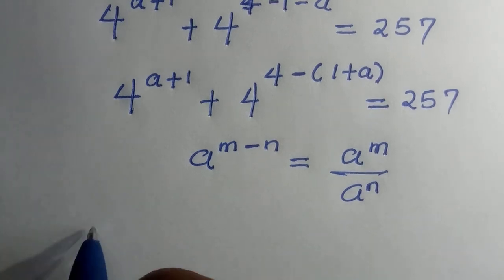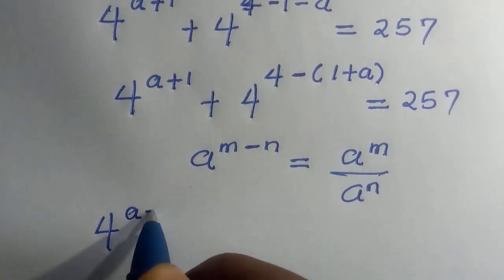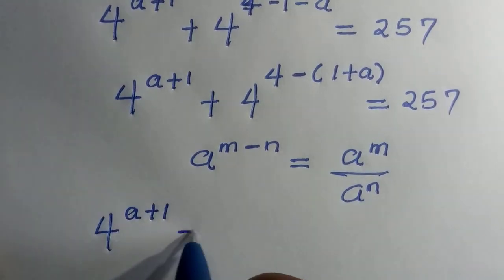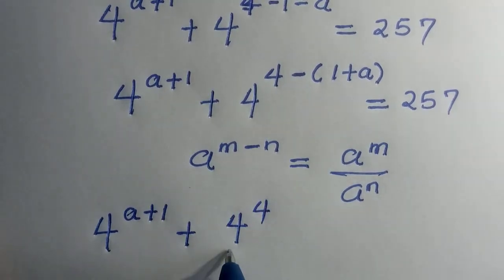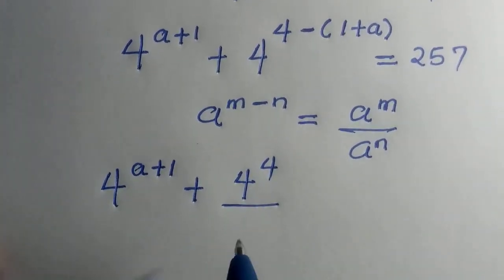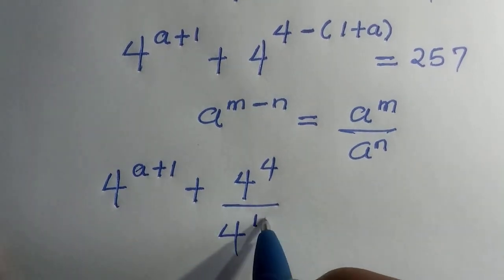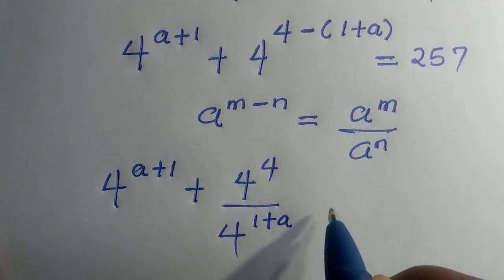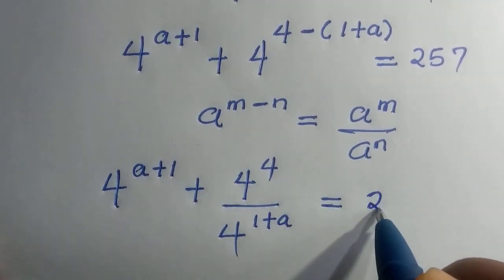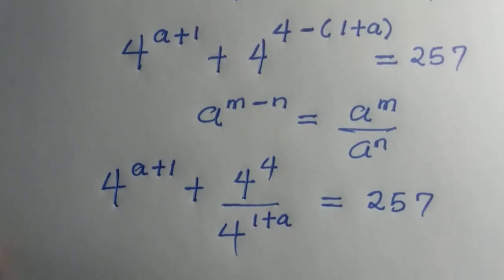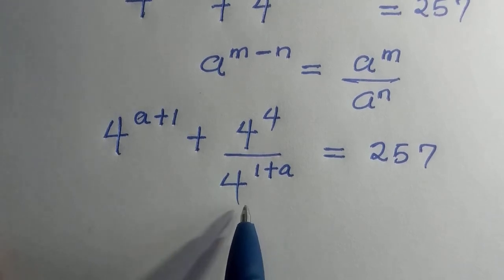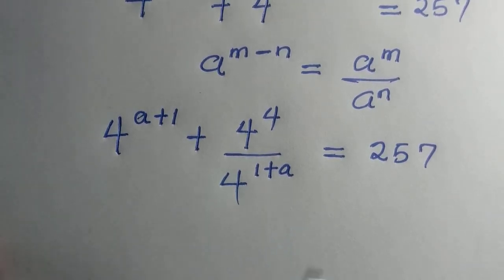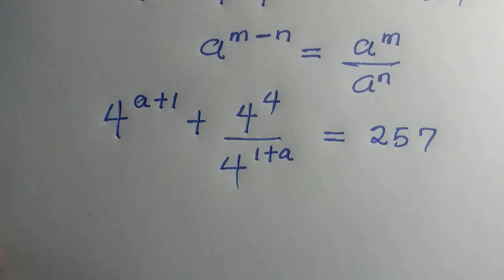So therefore we have 4 raised to power of a plus 1 plus 4 raised to power of 4 divided by 4 raised to power of 1 plus a equals 257. So here we have 4 raised to power a plus 1, and here is 4 raised to power of 1 plus a. As 1 plus a is still the same thing as a plus 1, which are commutative.